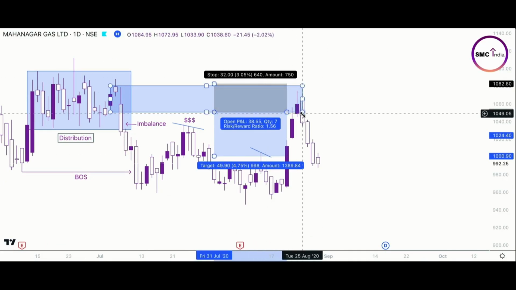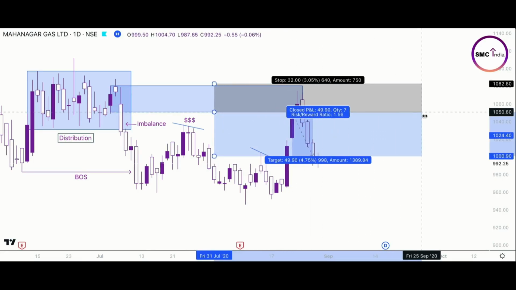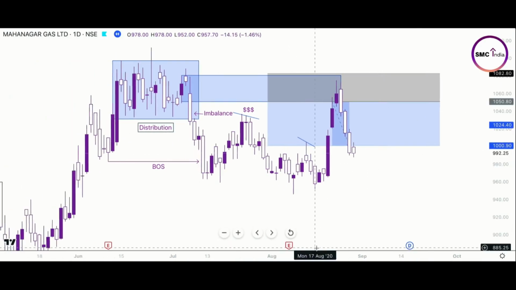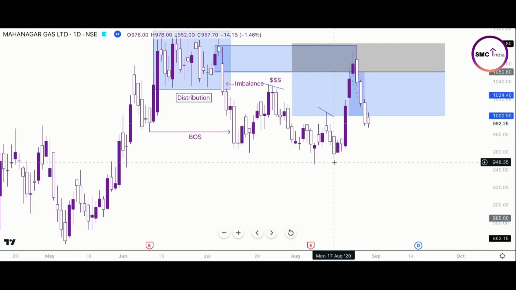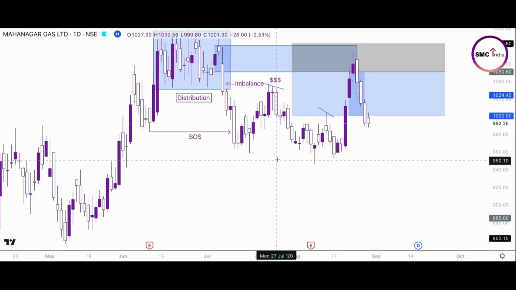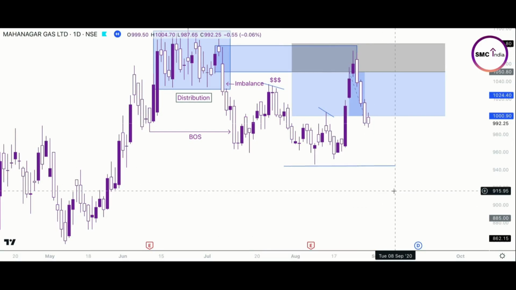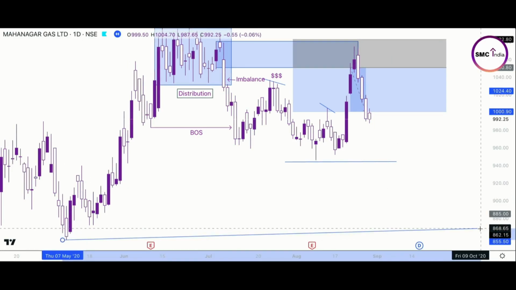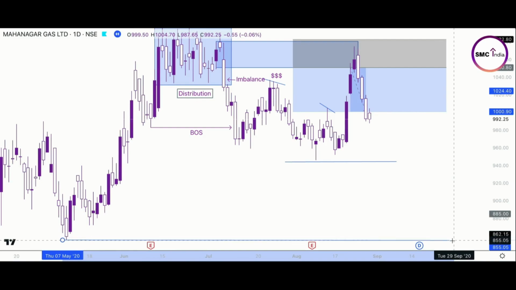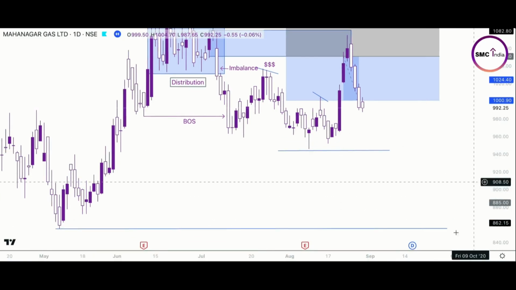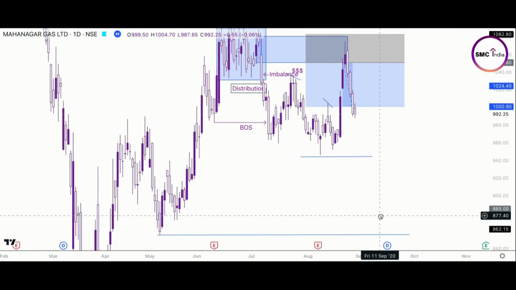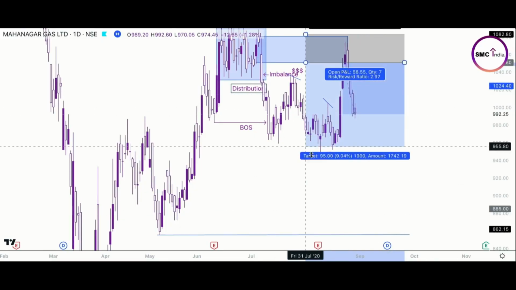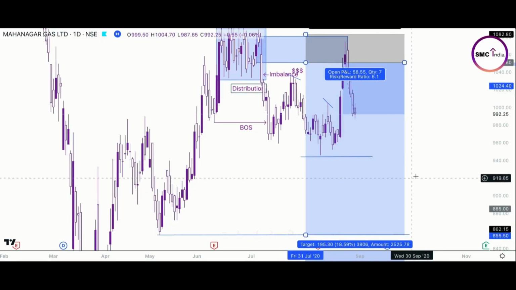Now it taps into this zone, and for your partial profits you could target this zone, and this could book partial positions, and the rest of the positions till this.